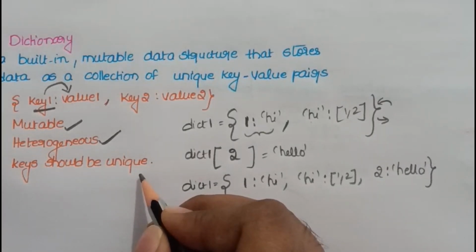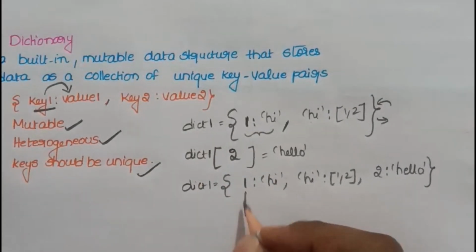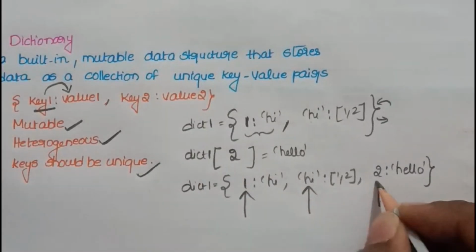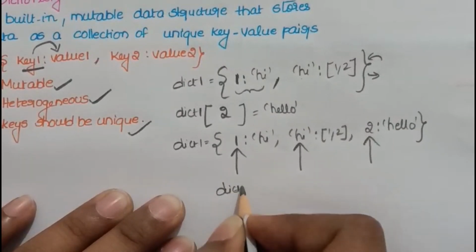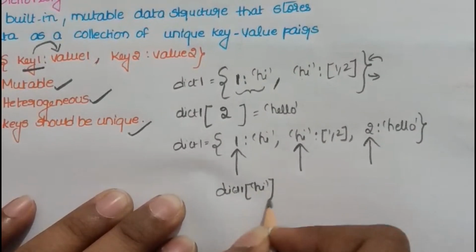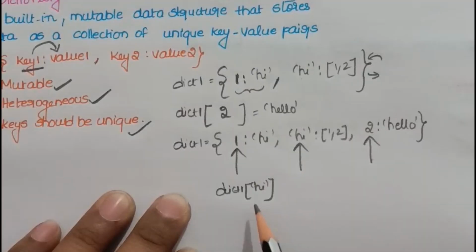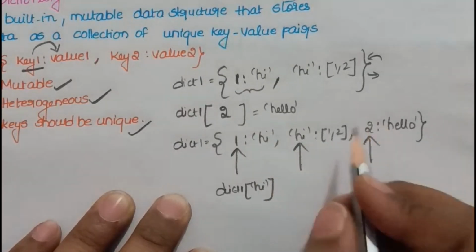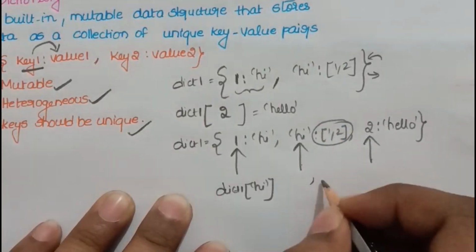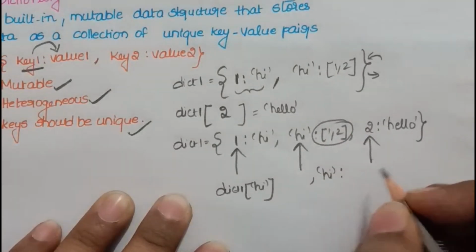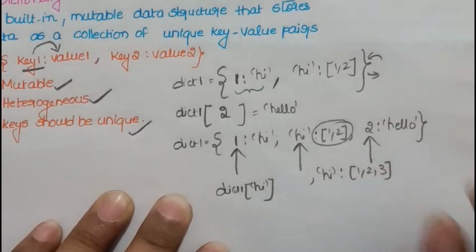The important point that we have to keep in mind is that keys should be unique. All the keys should be unique. It is obvious, right? When you try to print dict1 of hi, Python will see each key, and since hi matches this key, it will print 1, 2 as its value. Let's suppose you have another key with the same value hi, and its value, let's say 1, 2, 3, within the same dictionary.